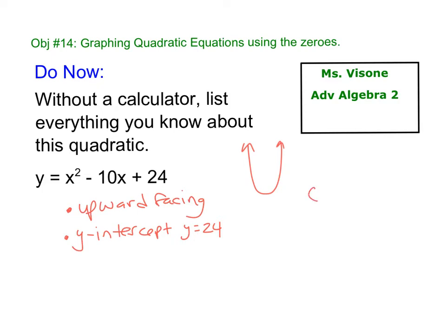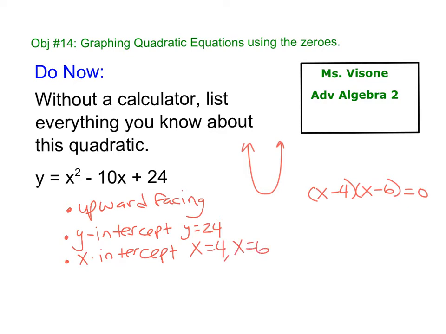If I factor it, that's a pretty easy factoring problem. My zeros, or my x-intercepts, are at x equals 4, x equals 6.